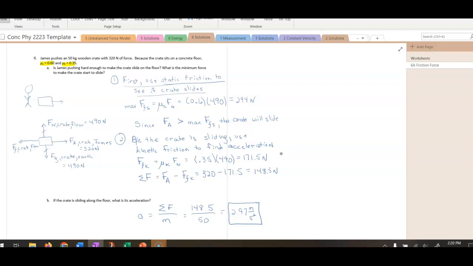If it doesn't slide, well, fine. The problem is over. Or if it asks you, what's the minimum force to make the crate slide, anything bigger than that maximum static friction would make it slide. But we decided in this case, yes, the crate was sliding. So then we had to use kinetic friction to find the acceleration. So we went back, calculated the kinetic friction force, and used that to find the net force on the crate, and then to find the acceleration.